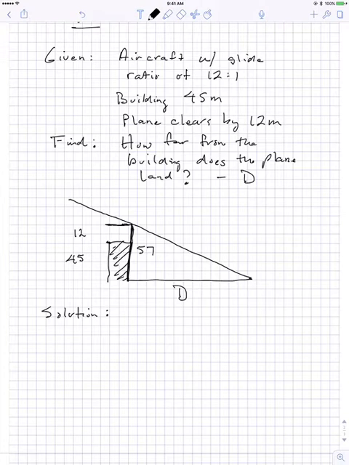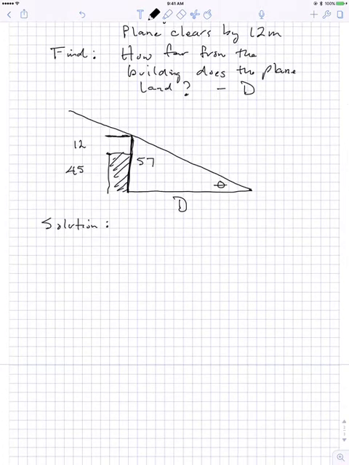Now, the question is, do we have enough information to get this? If we had this angle theta, wouldn't we be able to get the tangent of theta is equal to the opposite over the distance d?